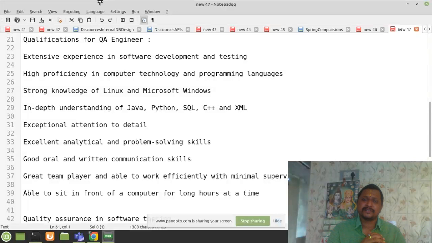Last but one, he is a great team player. He must be a great team player, and also able to work efficiently with minimal supervision. That means he must mingle with the team. Whatever the team is, he must be able to play with the team.